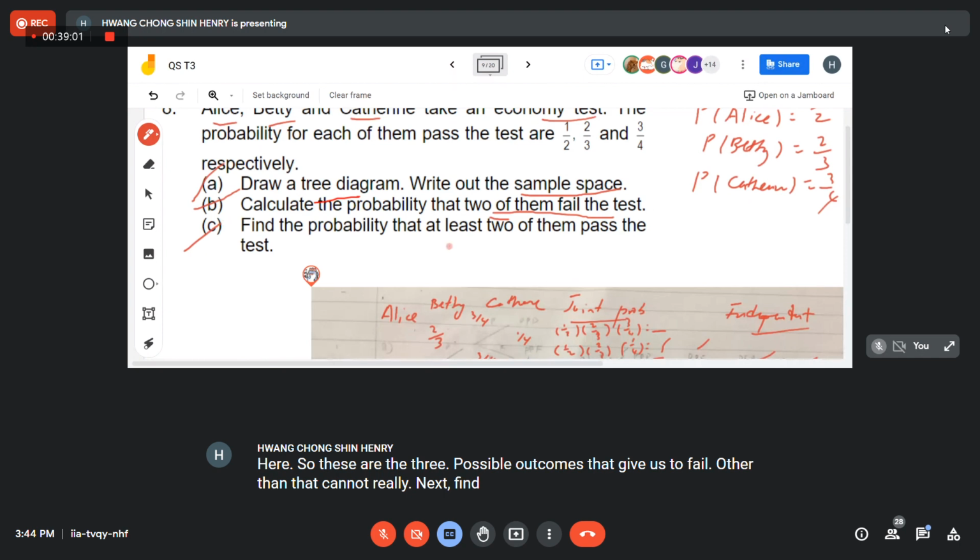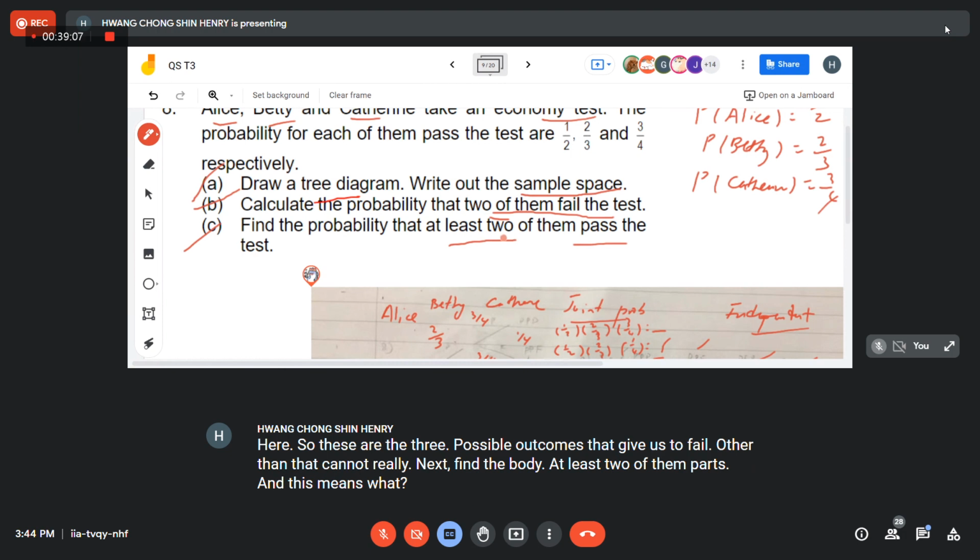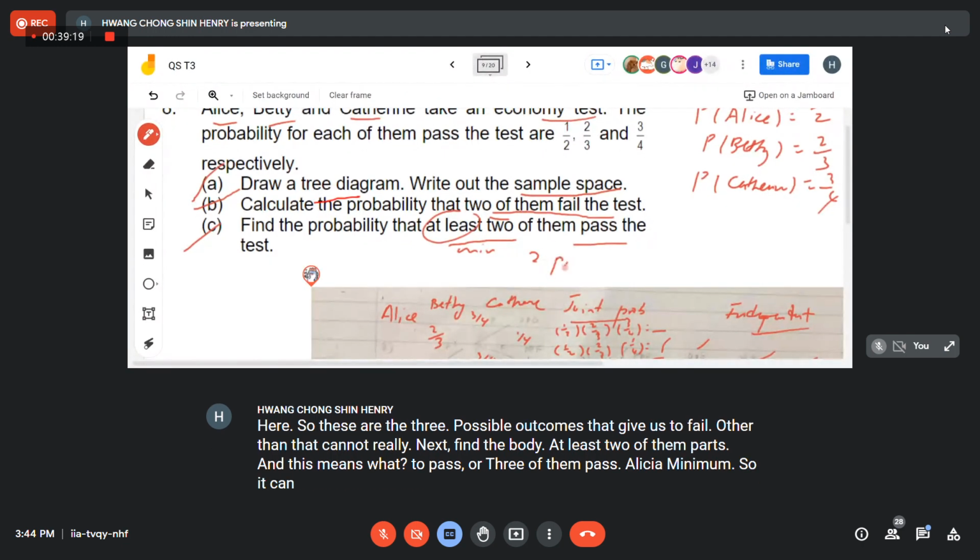Next, find the probability at least two of them pass. At least means what? Two pass or three of them pass. At least here means minimum. So it can be two pass or three of them also pass. If one person pass, cannot.